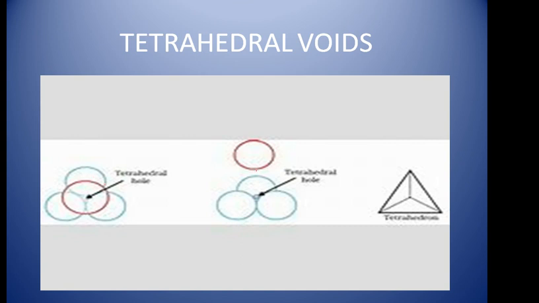So the void which will be formed here, when this comes in immediate contact with these three spheres and this one sphere, the void created between all of these is known as tetrahedral void. Okay, the geometry of tetrahedral is like this. So this is tetrahedral voids.